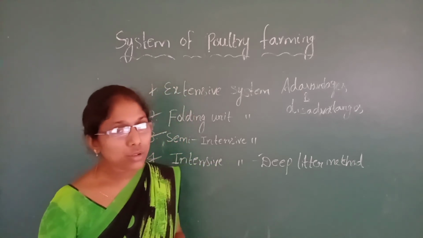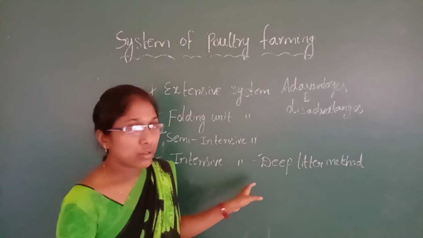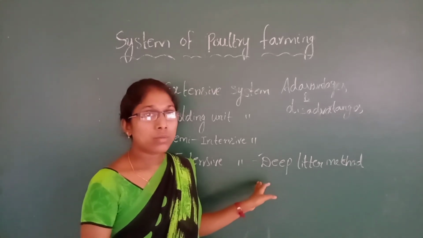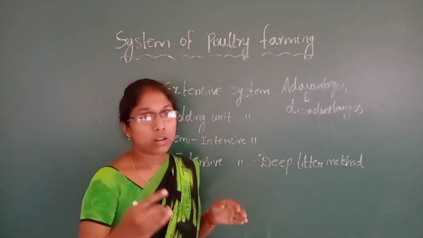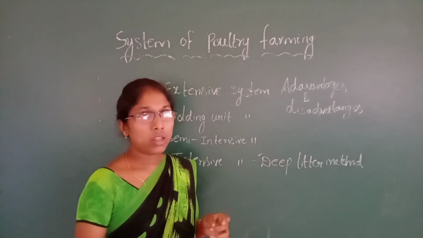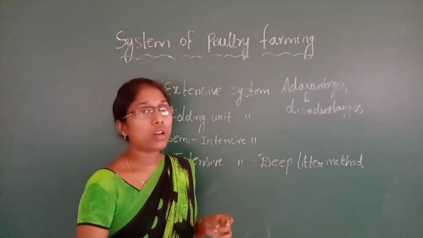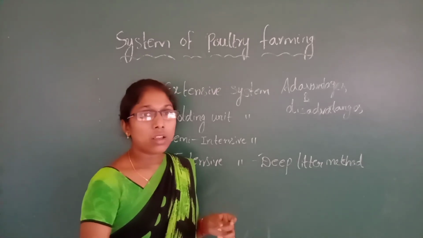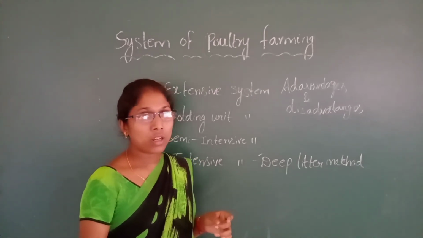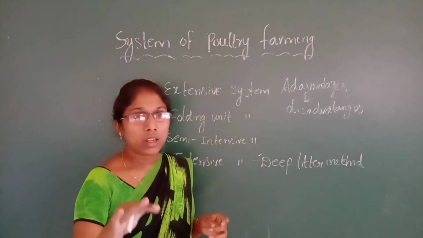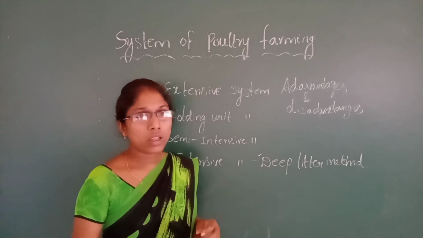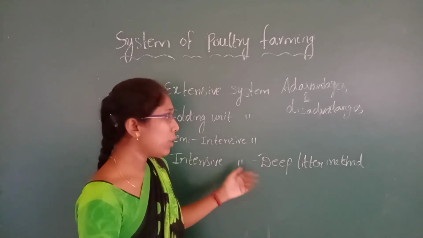In each pen we place one hen only. Like that, we rear 250 hens at a time through the deep litter method.